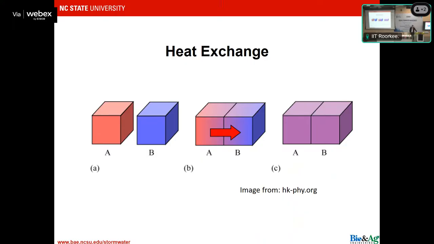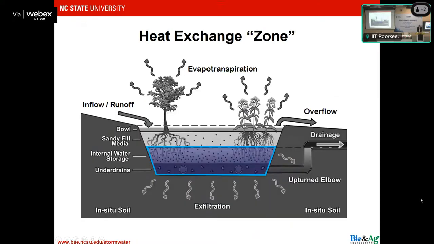Guess who hates hot water? Most fish. They don't like hot baths. All right. And so if your practice can cool the water down before it gets discharged, then it's going to be very good for aquatic life. So bioretention, for example, will hold water in and get it cool. That helps a lot.